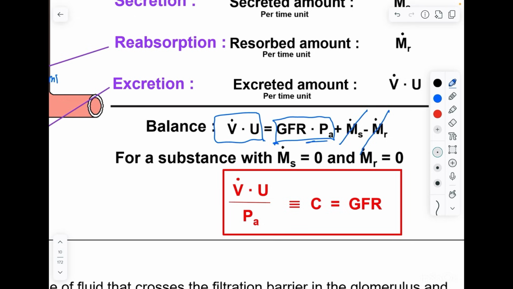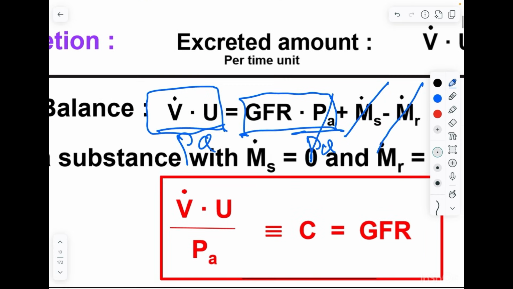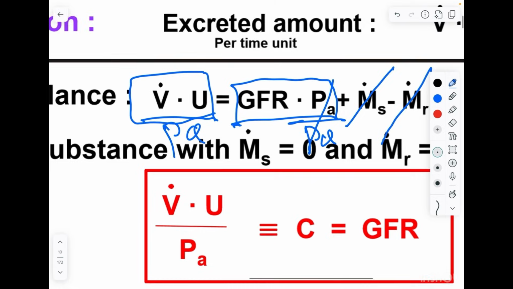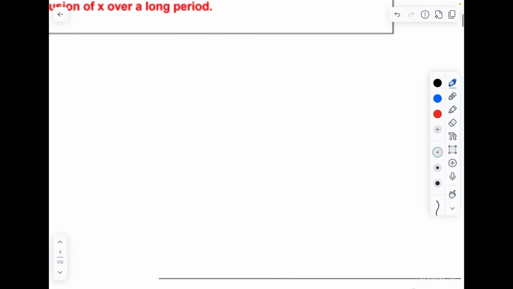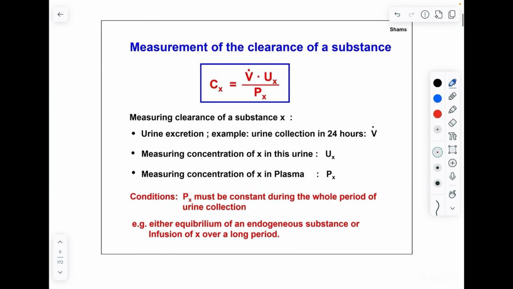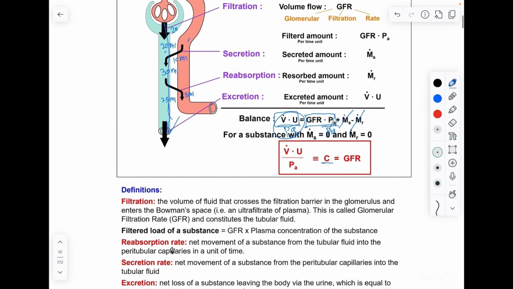And if you notice, if we divide both sides by time, you will get the GFR. The amount that's being filtered per minute is equal to the clearance of that substance. Why? This is the law of clearance that we just discussed. Do you remember, guys? I hope that makes sense.